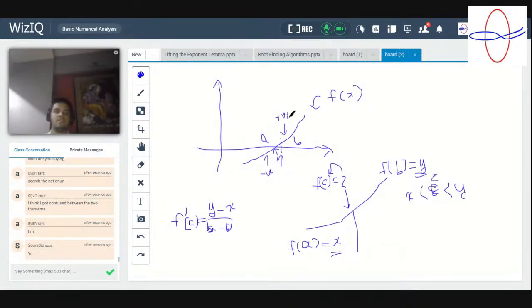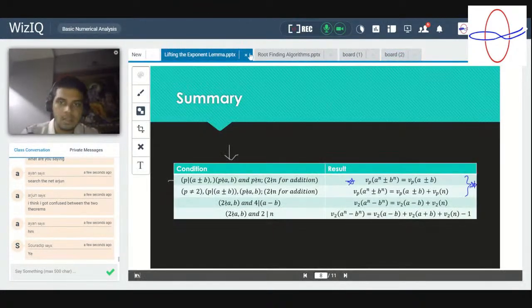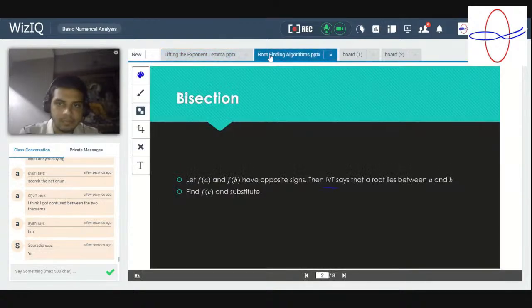And we know that if this root has an odd multiplicity, then it crosses the x-axis instead of just being tangential to it, because one side has to be negative and the other side has to be positive. So with that, let's see what bisection says.